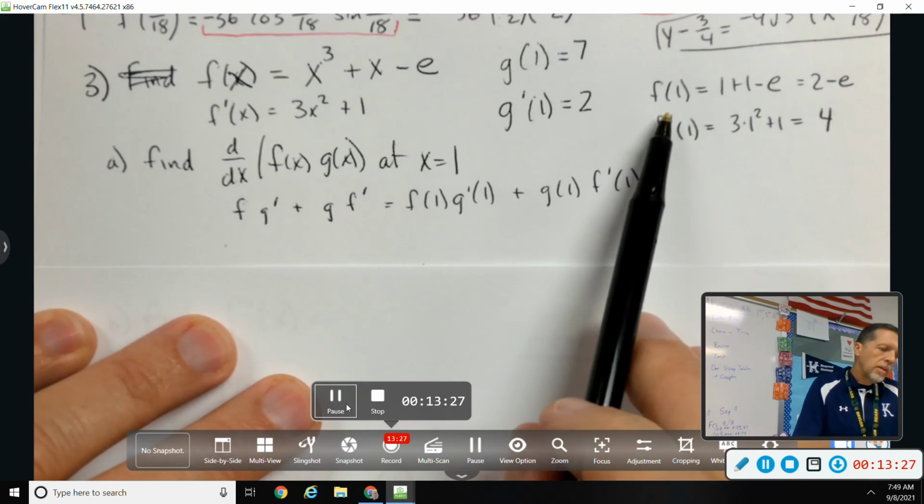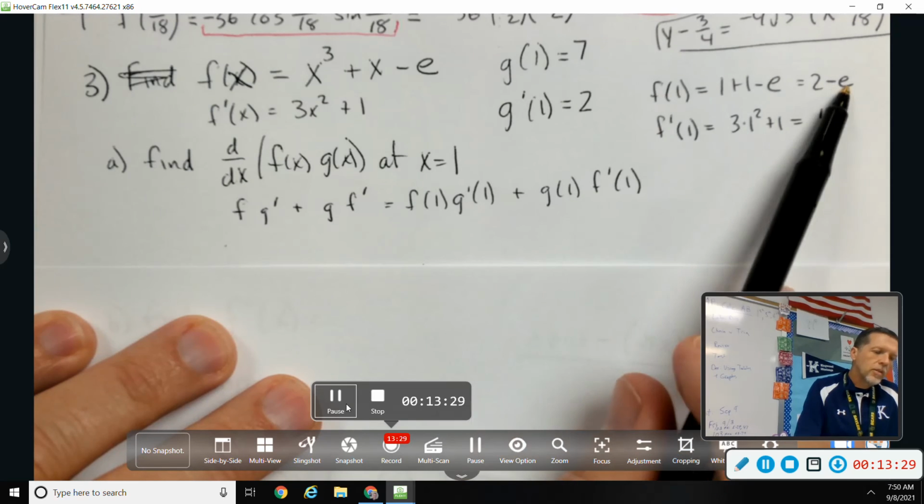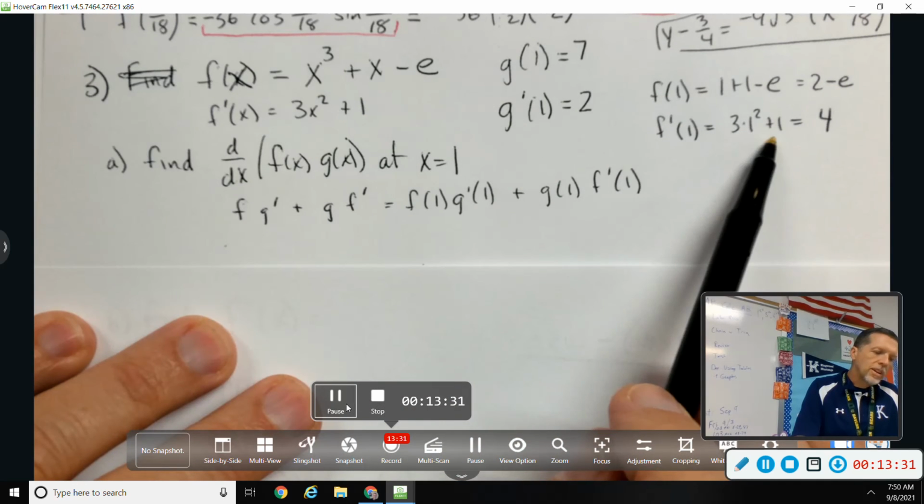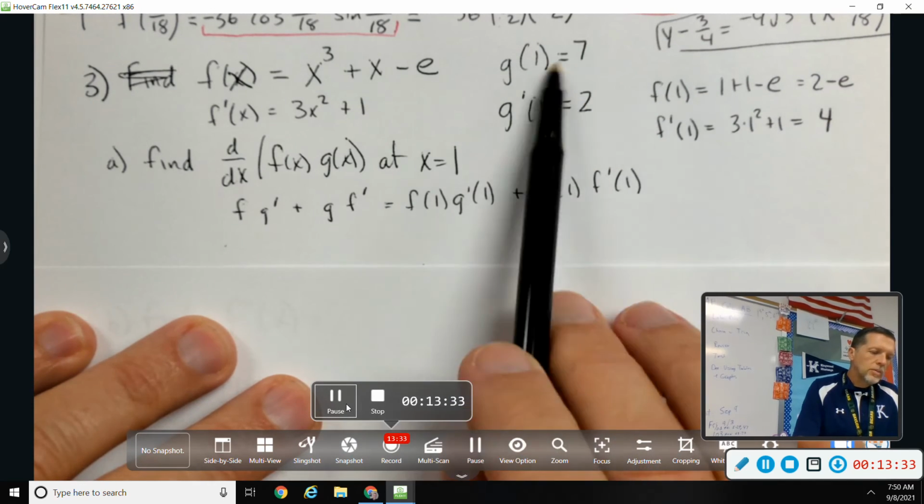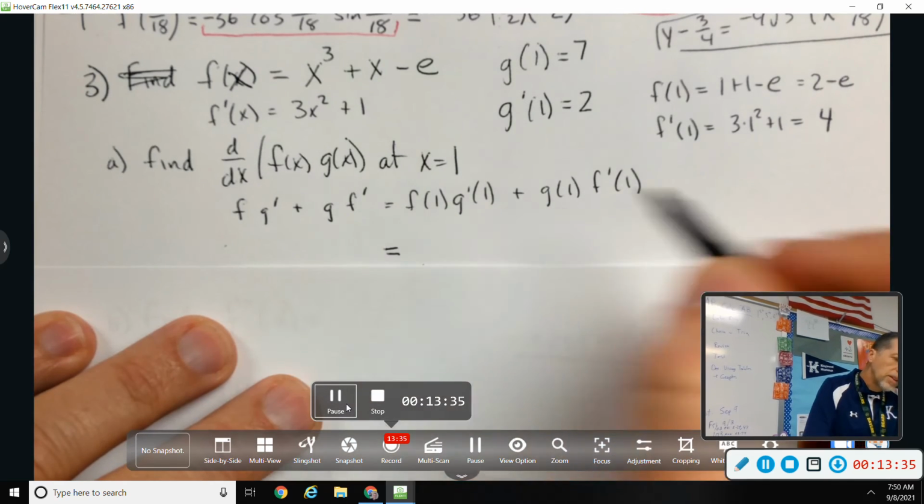So maybe out to the side I come and write out what f of 1 is, what f prime of 1 is, and now I've got all the pieces. Now it's just a matter of plugging them in the right spot.